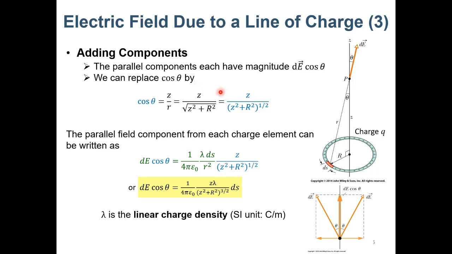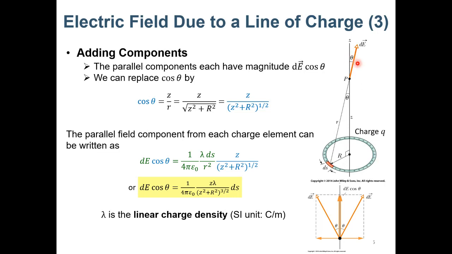So we can calculate the E field generated by this ds, and we add all of them together by an integral. So this angle is theta. This distance is z, and here is small r.